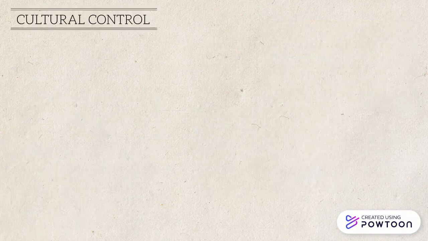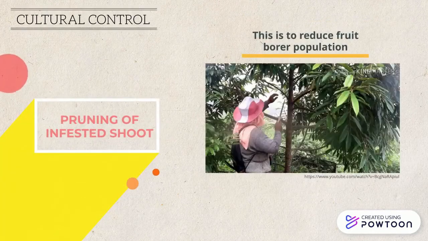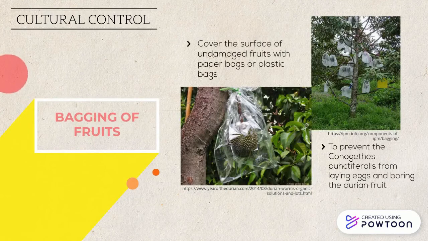Pruning of infested shoots can reduce the fruit borer population. Next, bagging of fruits: cover the surface of undamaged fruits with paper bags or plastic bags. This is to prevent the Conogethes punctiferalis from laying eggs and boring the durian fruits.